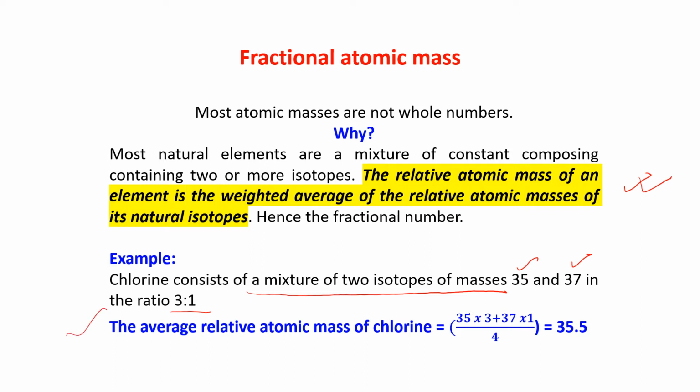So the average relative atomic mass of chlorine can be taken out: 35 times 3 parts plus 37 times 1 part, and total is 4 parts. So divided by 4 we are getting 35.5. So that is why we get the fractional atomic mass.